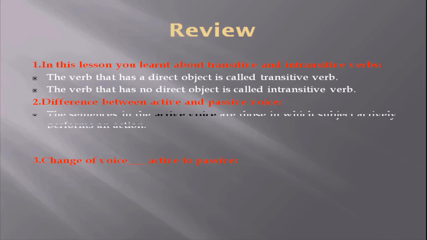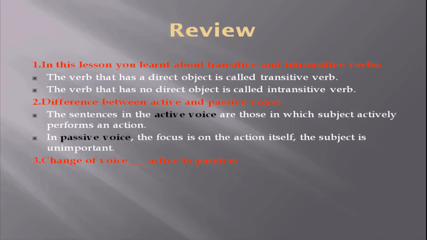Active voice. The sentences in the active voice are those in which the subject actively performs an action. Passive voice. In passive voice, the focus is on the action itself. The subject is unimportant. The structure of an active voice sentence is subject plus verb plus object.